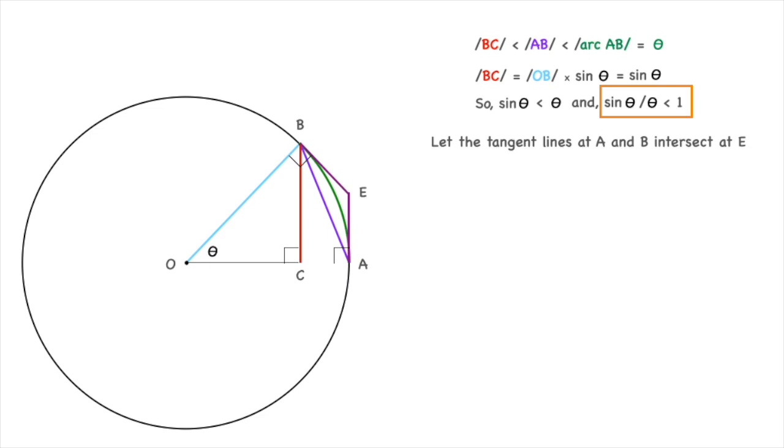Let the tangent lines at A and B intersect at E. Arc AB is less than AE plus BE. And BE is less than DE. So, theta, which equals arc AB, is less than AD.